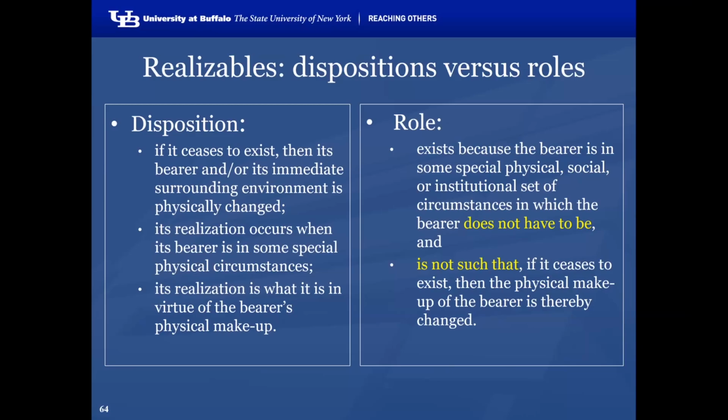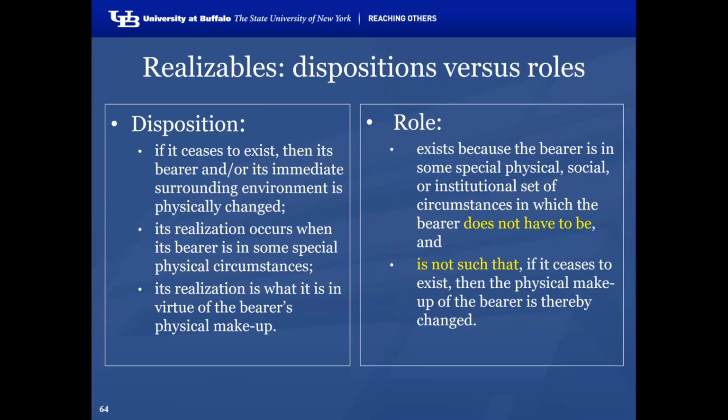So on the realizables, we distinguish between dispositions and roles. A disposition is such that if it ceases to exist, then its bearer or the immediate surrounding environment is physically changed. For a role, that is not the case. If I retire in a couple of years, I lose the role of instructor.